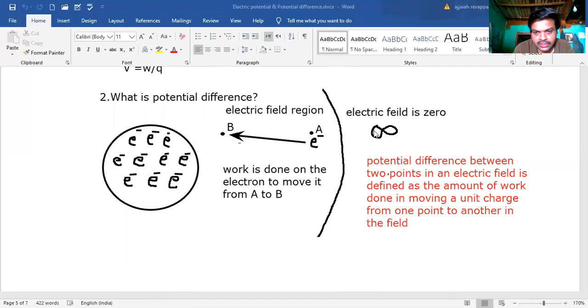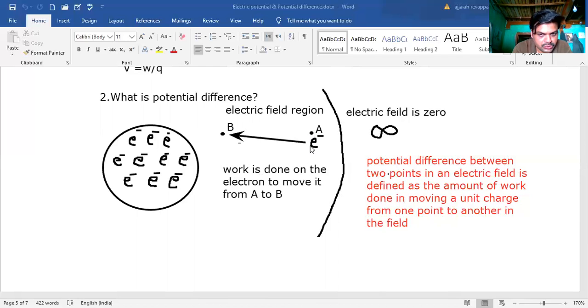When you go beyond it, there is no electric force, there is no field, so I'll call it infinity. This time I am moving the unit charge from a point A to B inside the field only. In the previous case where I defined electric potential, I moved the charge from infinity. Here I am taking the charge from A, which is inside the electric field, to point B.